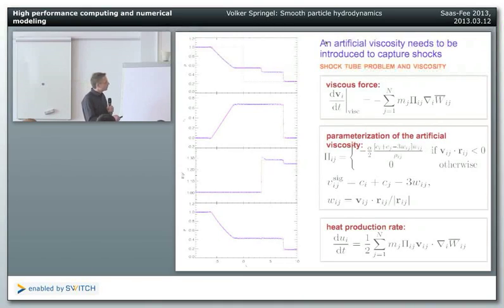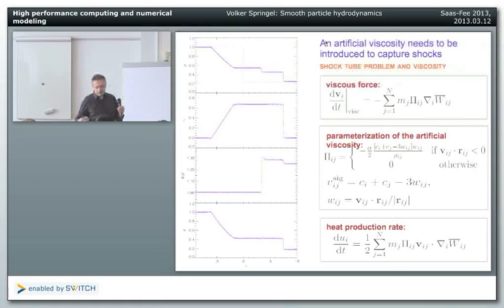How does this then work? Well, you need to put in a viscous force. This is this part that we had in the equation of motion. The viscous force itself is just added to the ordinary pressure forces like this. And the artificial viscosity tensor, this is, for example, one parameterization of this, which uses a kind of switch, this quantity W, which measures the rate of expansion or contraction in units of the sound speed.